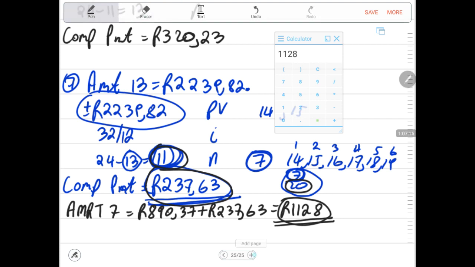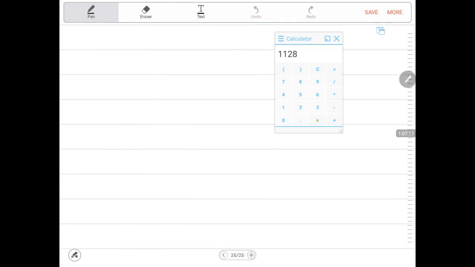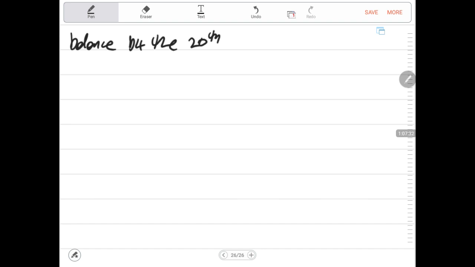And once again, I've shown you this before by saying we can get to the balance. This is the last one: the balance before the 20th payment, which we don't know. The 20th PMT is a question mark.